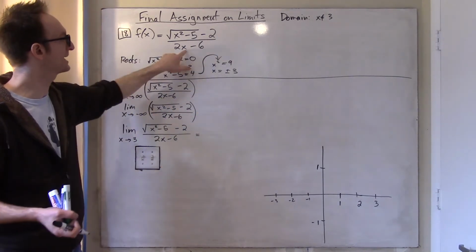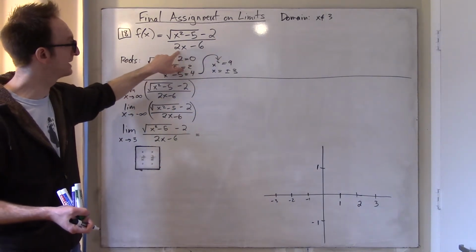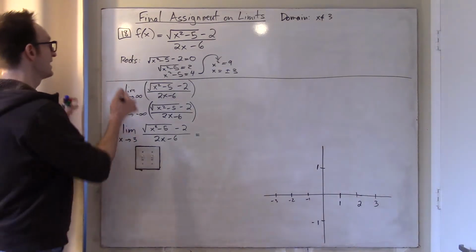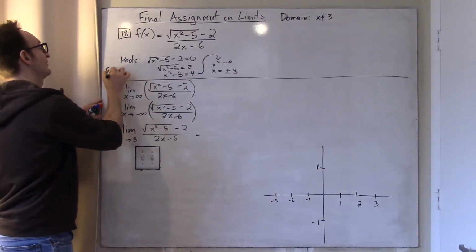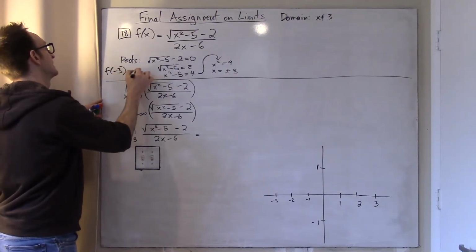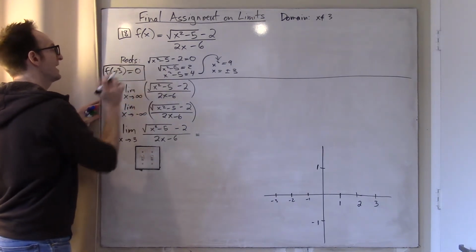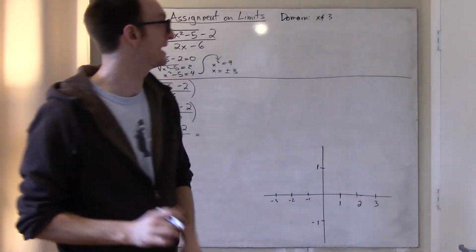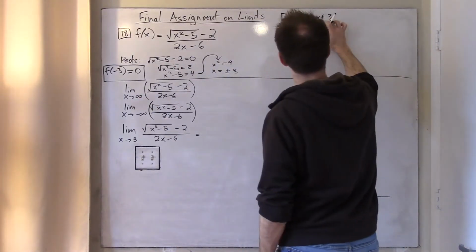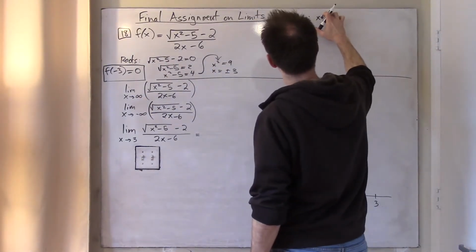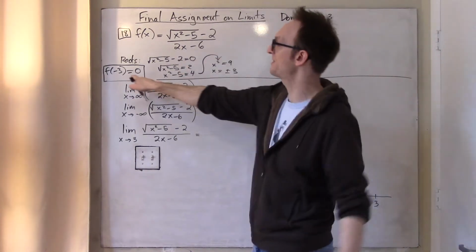And when I plug negative 3 on the bottom, I get negative 6 minus 6, that's negative 12. And so indeed, f of negative 3 is 0. So this function has some kind of mysterious behavior going on at around 3, which I've yet to investigate, but I do have one and only one root, and that's at negative 3.